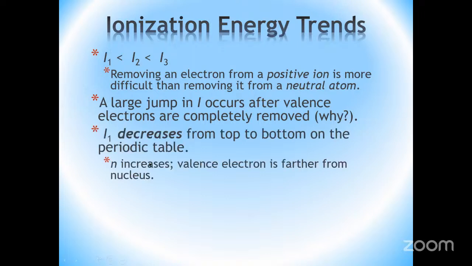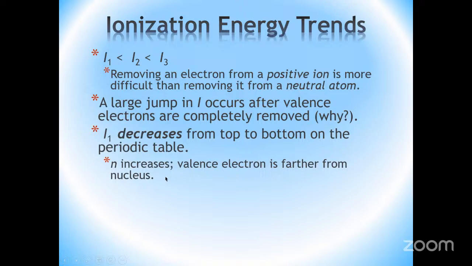The reason is that after you remove the valence electrons, which are in the outermost shell, the electrons closer to the nucleus in the inner shells are more tightly held by the nucleus, and therefore a significant amount of energy, much more than was needed before, would be required to remove those electrons.